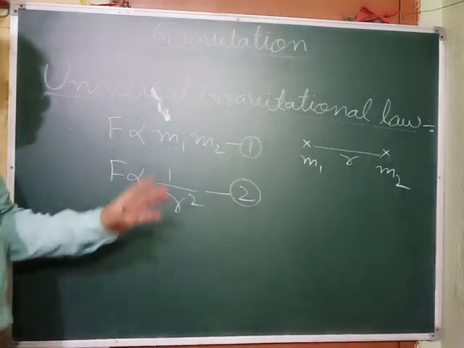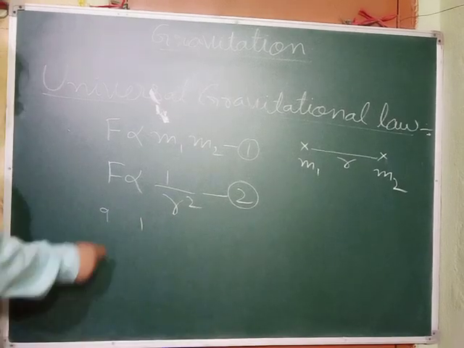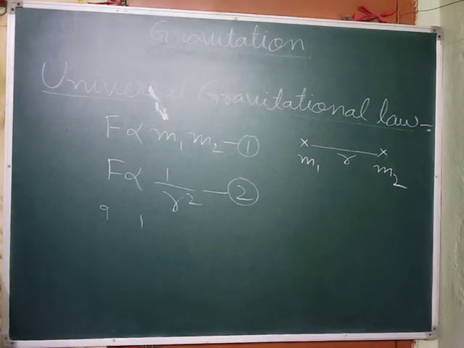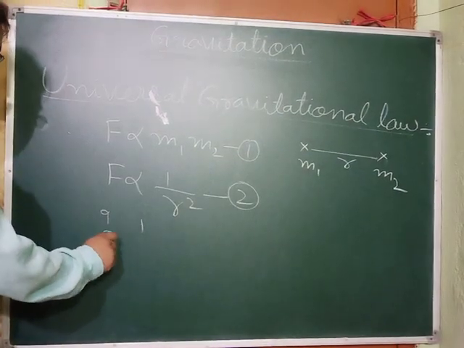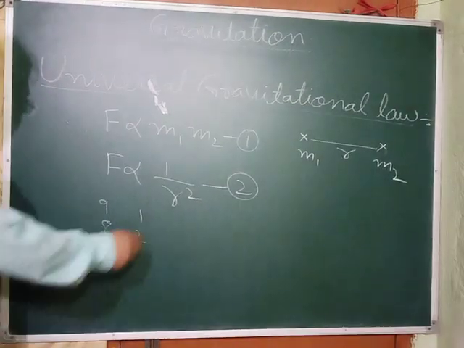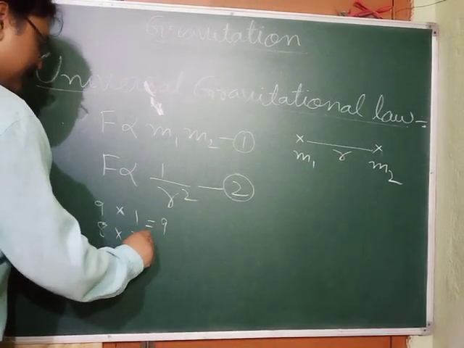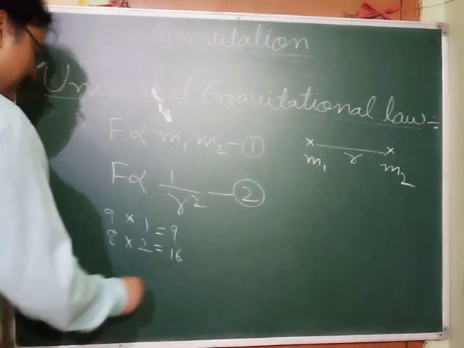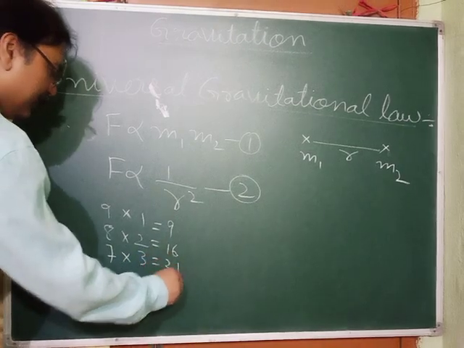Suppose it is 10 kg. How can you divide it? You can divide it 9 kg and 1 kg. The product is how much? 9 only. The product must be maximum. If you divide like 8 and 2, 8 times 2 is 16, more than that. 7 into 3 is 21.